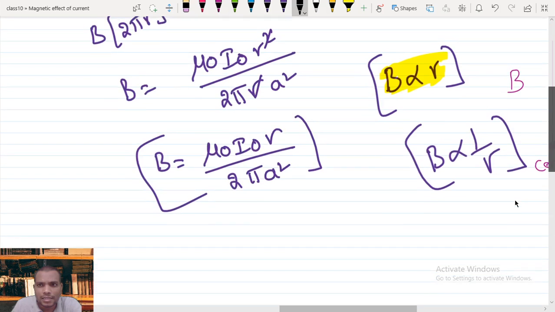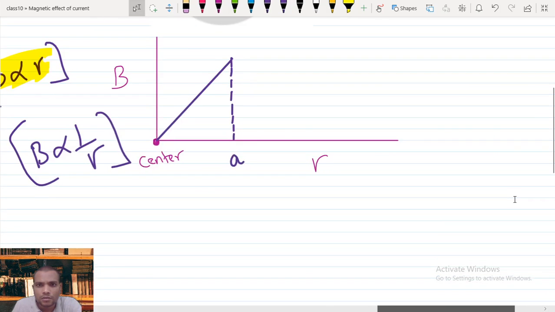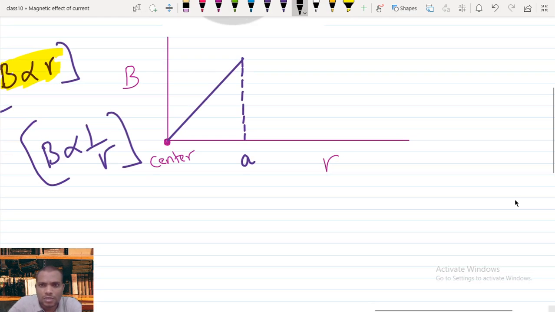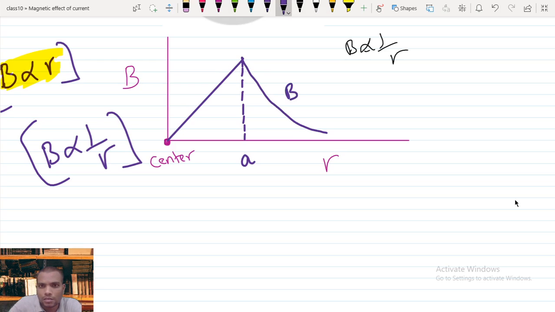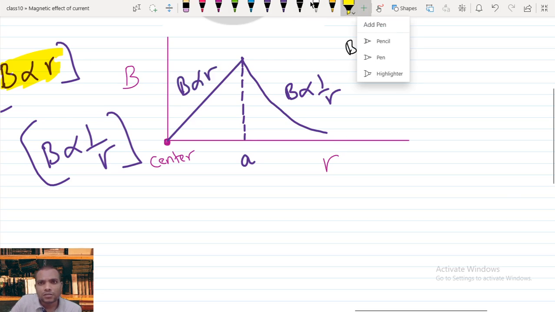If you represent that in the graph, how do we draw that? B is inversely proportional to r, so this is an inversely proportional graph. It will fall just like the 1 over r case. From the center till the surface, the magnetic field is directly proportional to r, but from the edge to outside, the magnetic field is inversely proportional to r.